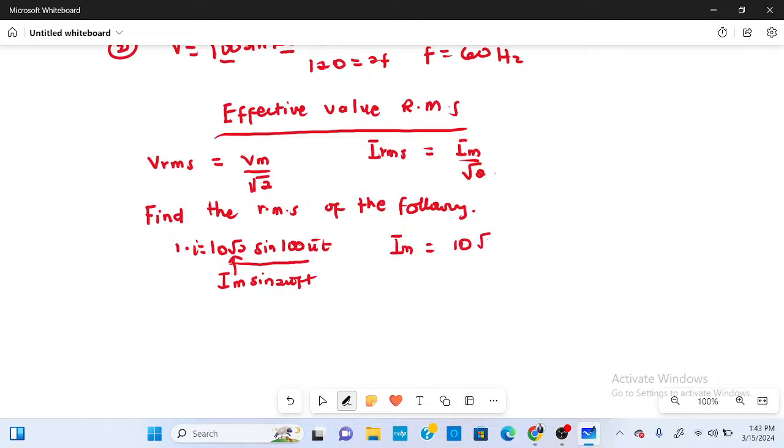But the question is asking us to find the RMS. So to find your RMS, we simply divide this by root 2, and the root 2 goes away. So our RMS current is equal to 10 amperes. Likewise, the voltage, which was V, is equal to 100 sine 120 pi t.